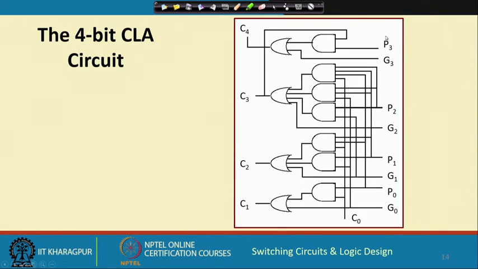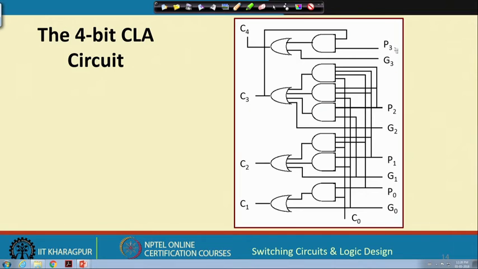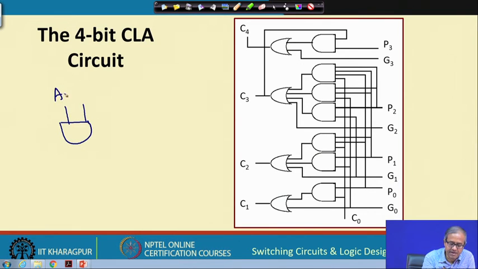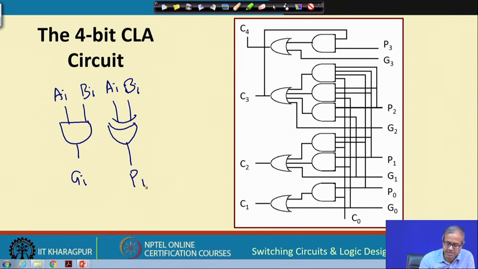I am assuming that Pi, Gi are already generated. Gi is nothing but an AND gate: if you have Ai and Bi, the 2 inputs, this will be Gi, and the propagate function is an XOR gate of Ai and Bi, this will be Pi.